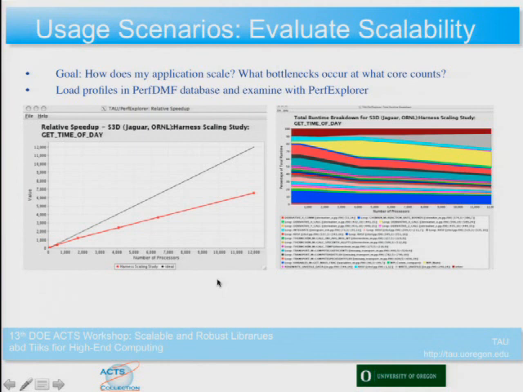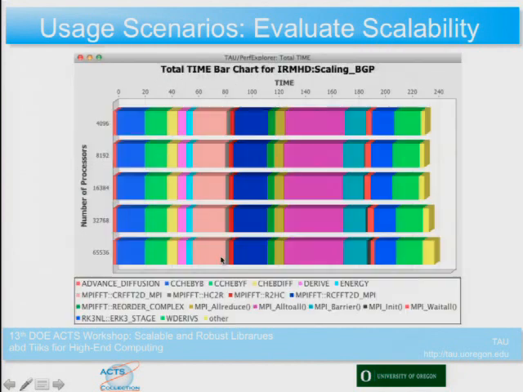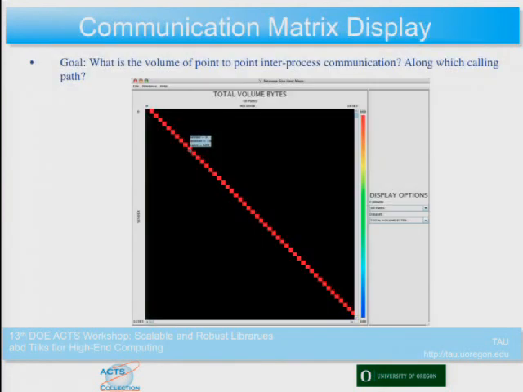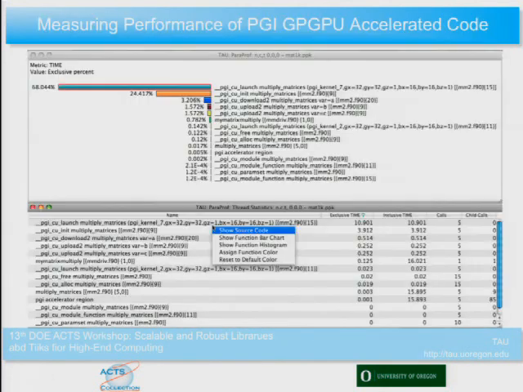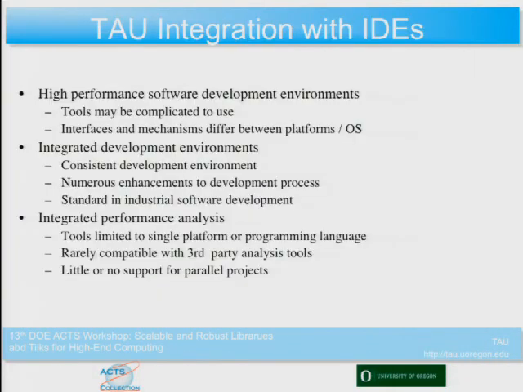These are examples of scalability study charts from PerfExplorer and so on. Communication matrix, and do you have some of the GPU there?